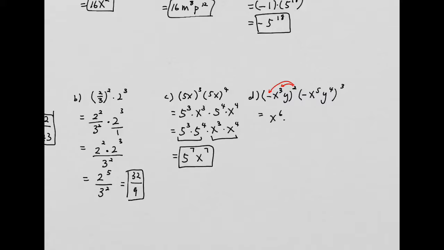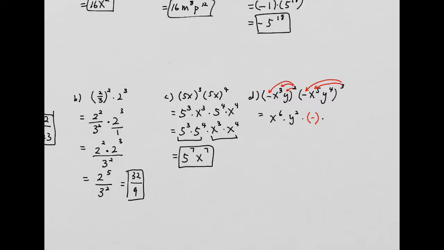And when I distribute the square to the y, I will get y squared. And then right here is times. And then let's distribute 3 to the negative. That's going to be negative. Right? And then I'm going to distribute 3 to the x.